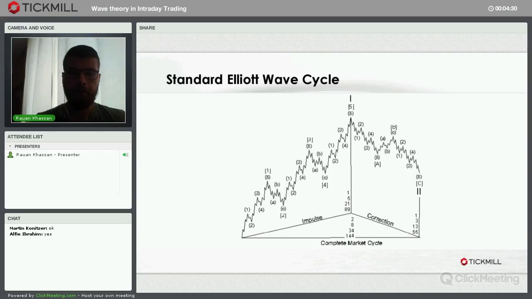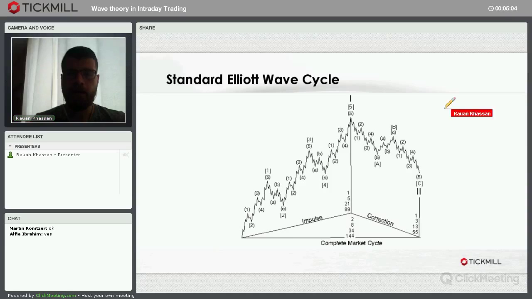A possible solution could be Elliott wave theory, which was formed about 80 years ago by a single author, Ralph Nelson Elliott, who came up with the idea of so-called wave cycles. Here is a standard view of the complete market cycle according to Elliott wave theory.